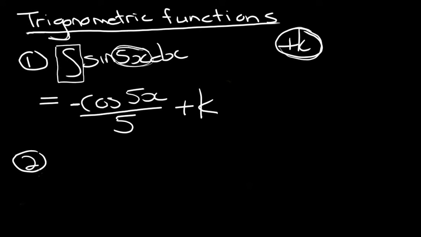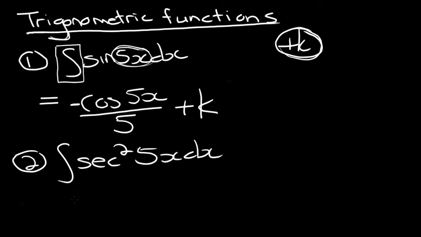Okay, let's look at another example. Let's say you have sec squared 5x dx. Again, this is an indefinite integral, and now if you move from sec squared back, then you have tan, and it's tan 5x, but then we need to deal with this function within the trig function, and now you do the opposite again.